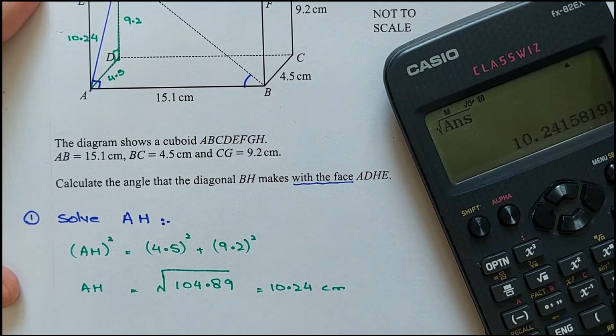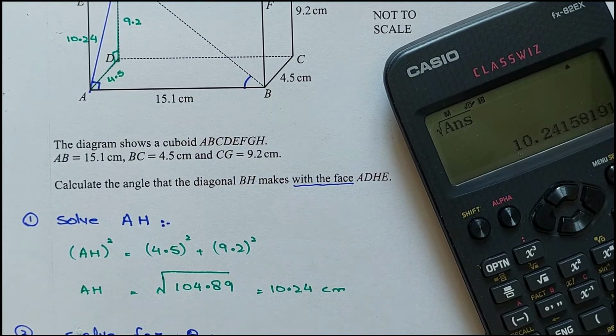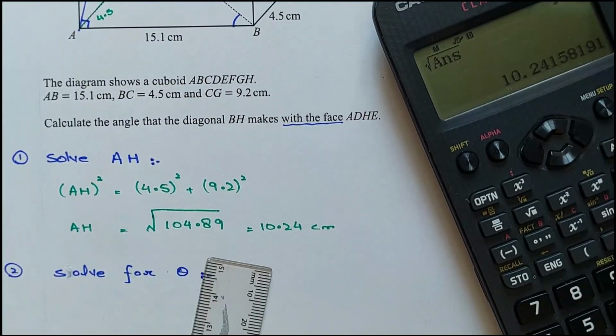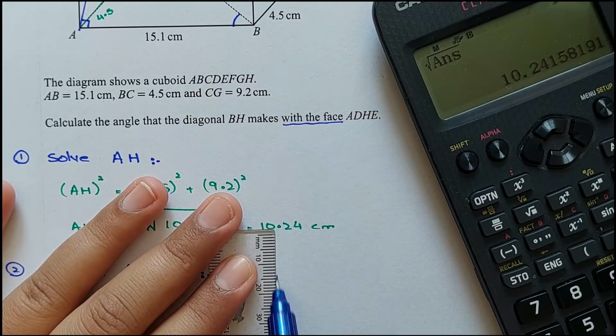So in the next step, solve for theta. Let me draw this triangle separately, A, B and H, to visualize the situation.